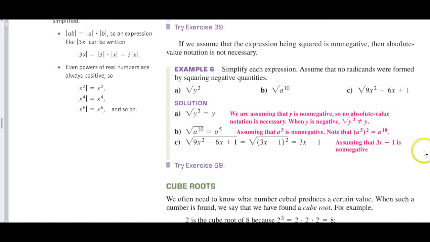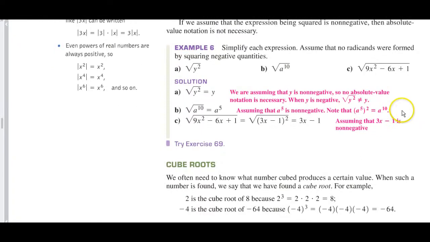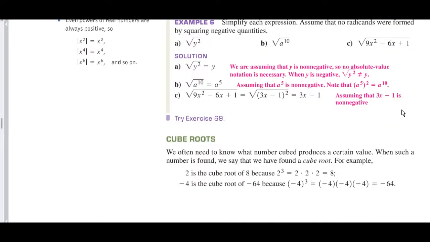Okay, cube roots now. We say 2 is the cube root of 8 because 2 cubed, which is 2 times 2 times 2, is 8. Now, negative 4 can be cubed because a negative times a negative gives you a positive, times a negative gives you a negative.